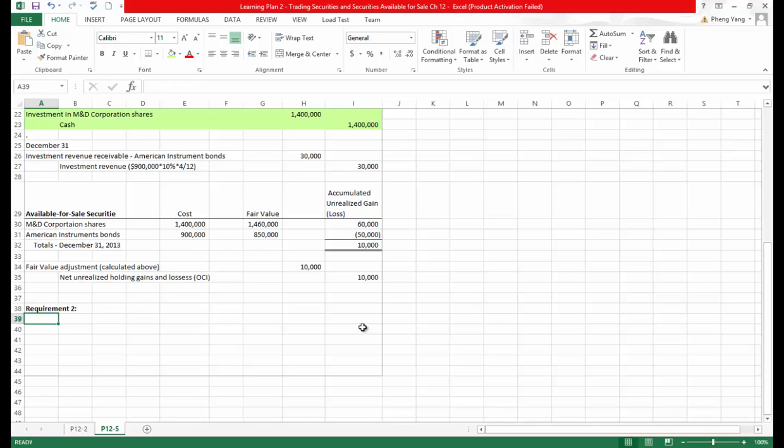The first thing that they have to do is on the income statement. Okay. They had investment revenue. The 8,000 and the 30,000. Okay. So they're going to have to report that.